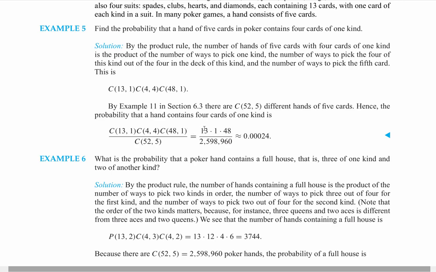So that's just 13 times 1 times 48. That's a much smaller number on top.